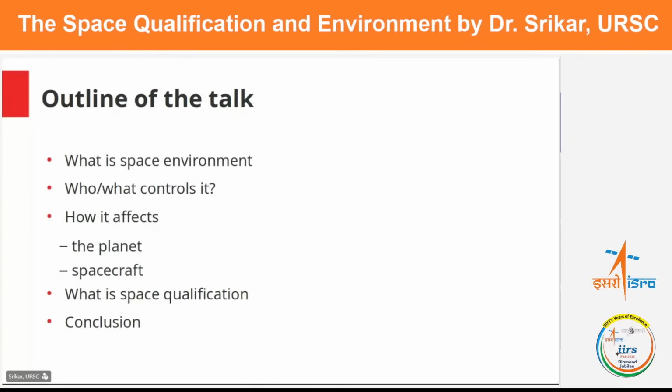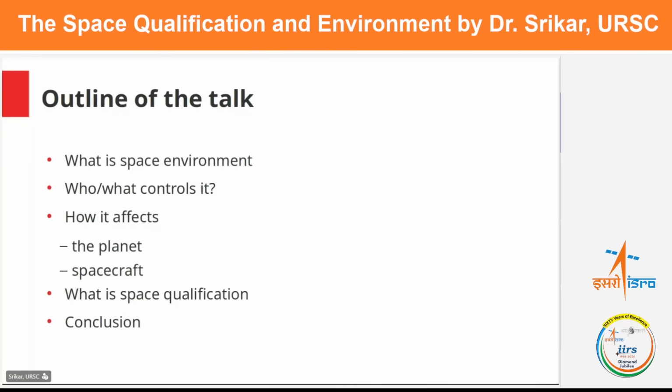Initially we'll start with what the space environment is, just the introduction, and what and who controls it. Then we go to the effects mainly over a planetary scale, the space weather effects and the space environment effects, and particularly for spacecraft systems, how they can alter or modify the functionality or be harmful to those.